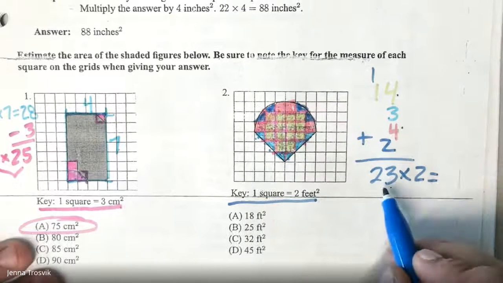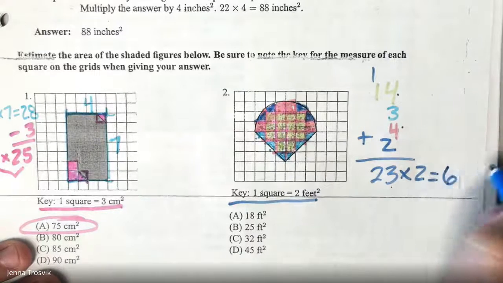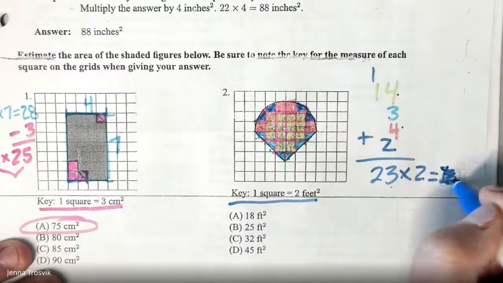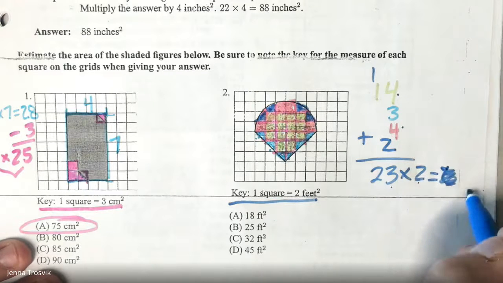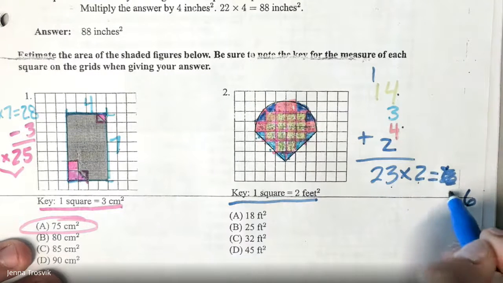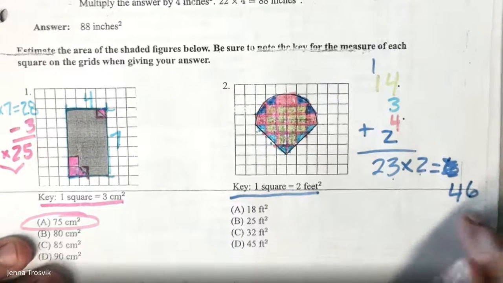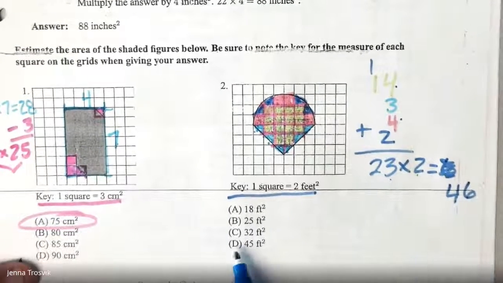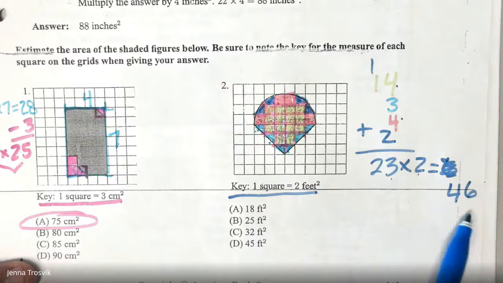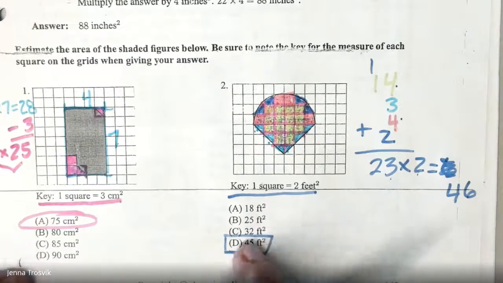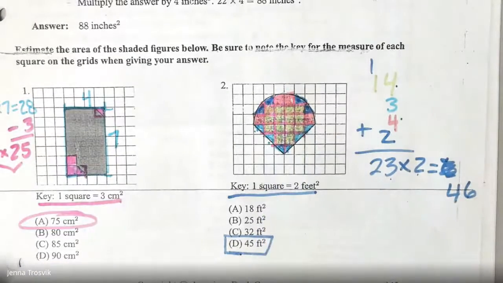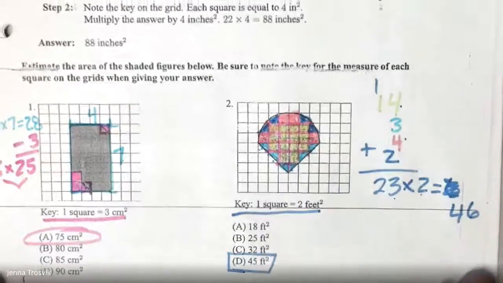So instead of 23, I have around 60, or not 60, sorry guys, 3 and 2 is 6, 2 and 2 is 4, so around 46 square feet. Now, the closest number to my estimate would be the best estimate, and the closest number would be 45 feet squared. So that would be the best guess, the best estimate for our beautiful baseball field.